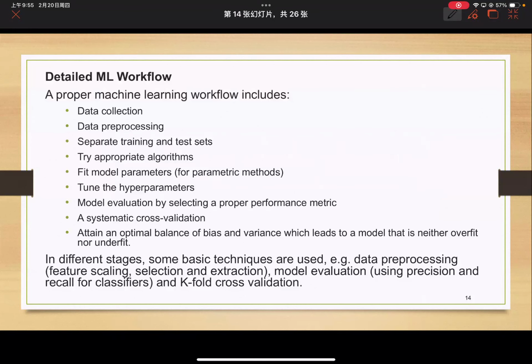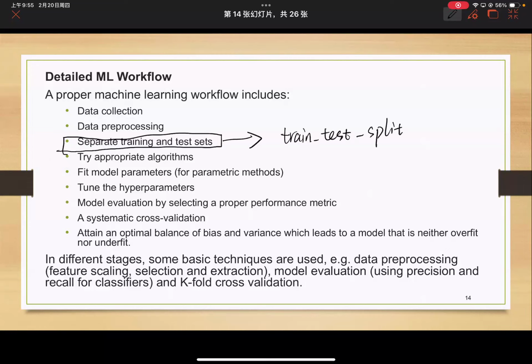Okay. So here is a machine learning workflow that we've already talked about several times in previous classes. Like data collection, first pre-processing, and separating training and test sets. If you still remember what we did in the lab, we used this train test split, right?